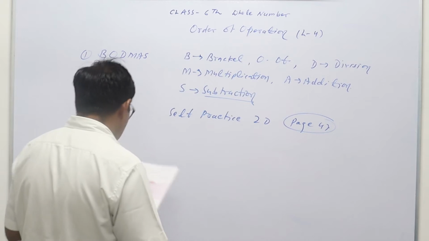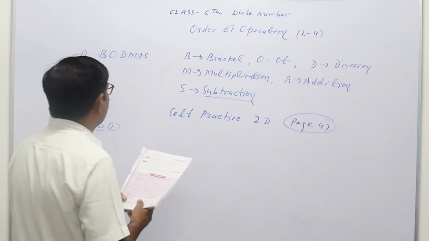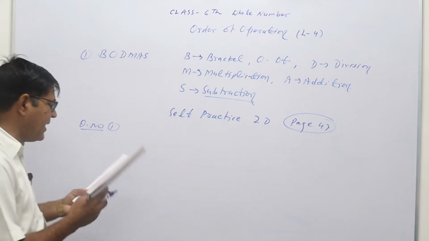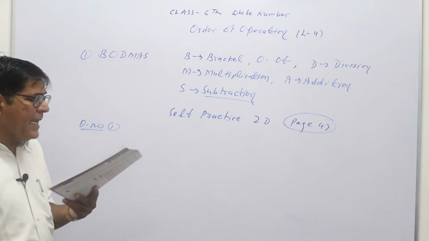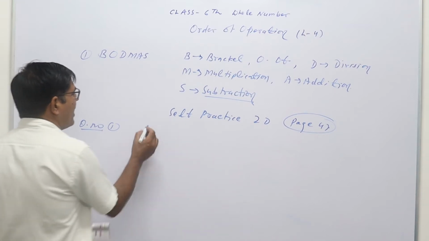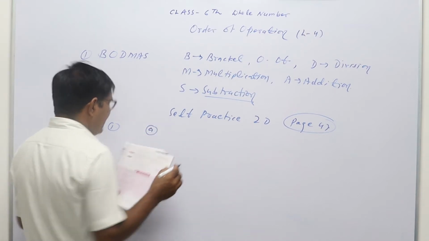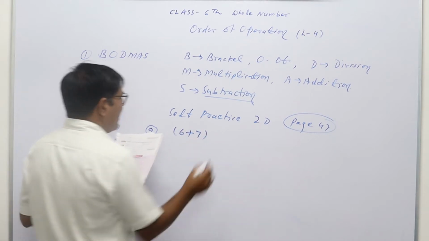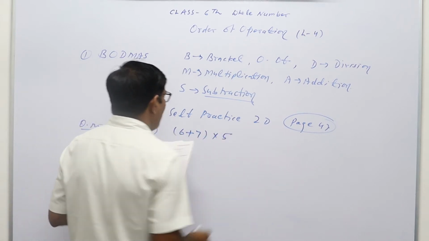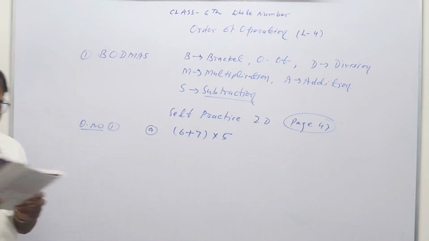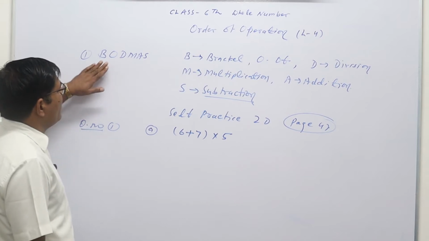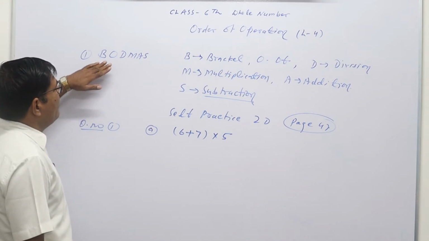So you just have to see, out of the given operations, which will be the first operation to apply to solve the question. So first, question A: 6 plus 7 bracket into 5. First of all, what do we have to do? See the BODMAS rule. First of all, we have to use bracket of.